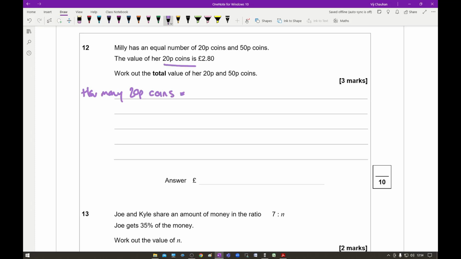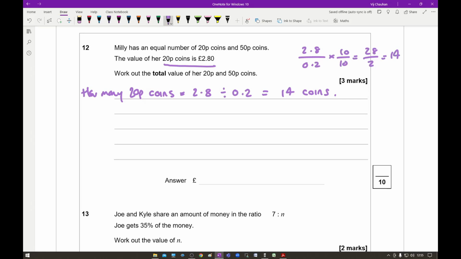So using this bit of information here, we know that £2.80 is the total of how many 20 pence coins there are. So to work out how many coins there are, we just need to do 2.8 divided by 0.2, which gives us an answer of 14 coins. Now if this was a non-calculator question, if I had 2.8 divided by 0.2, I multiply the numerator and the denominator by 10, so I get 28 divided by 2, and that gives me 14.